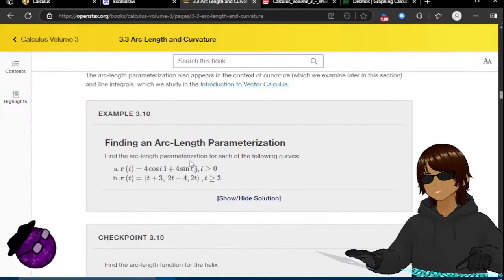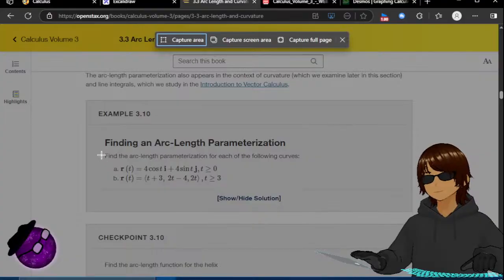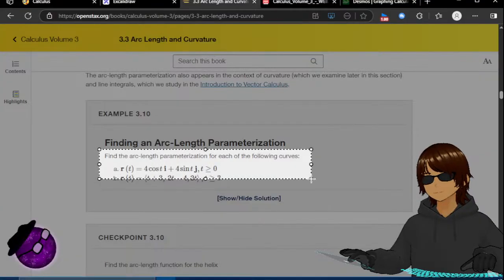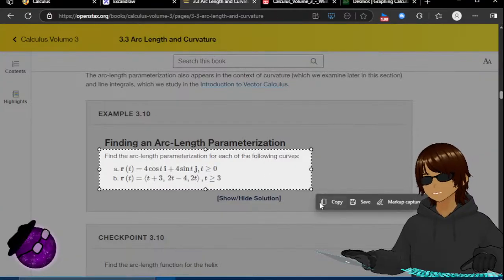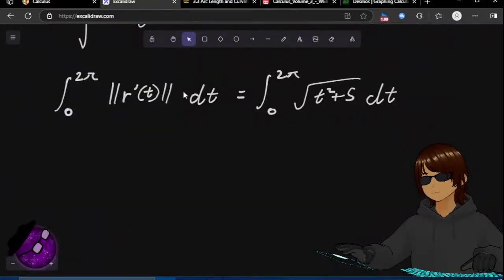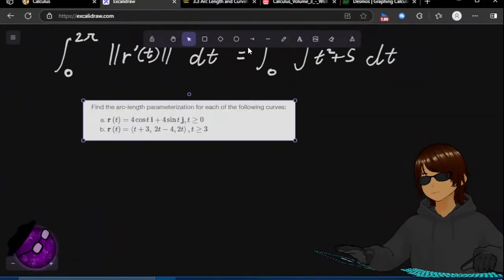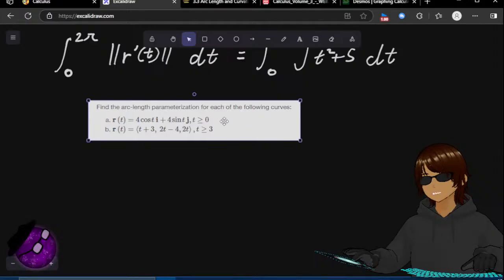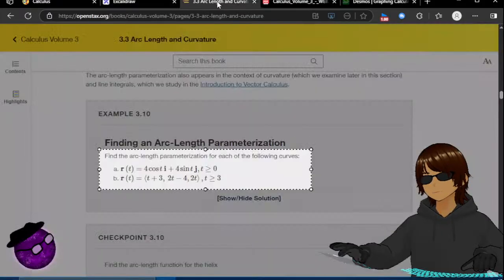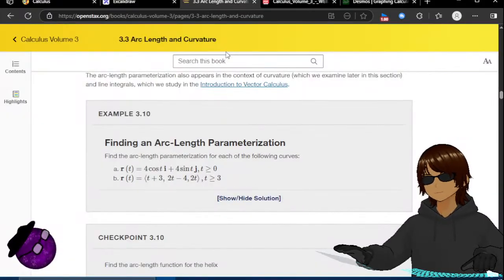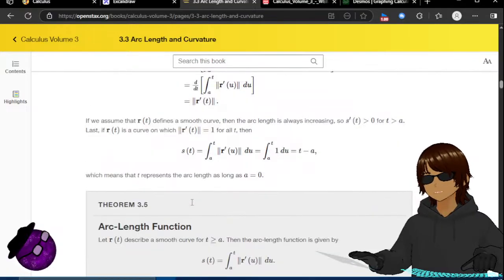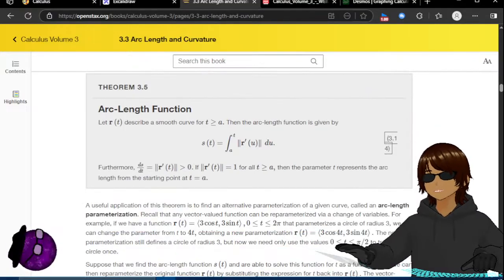Find the arc length parameterization of each of the following curves. Okay, so we copy this. So the arc length parameterization is just the integral.